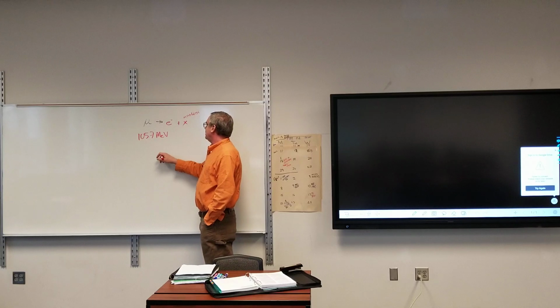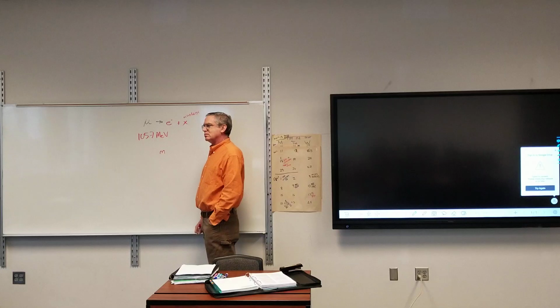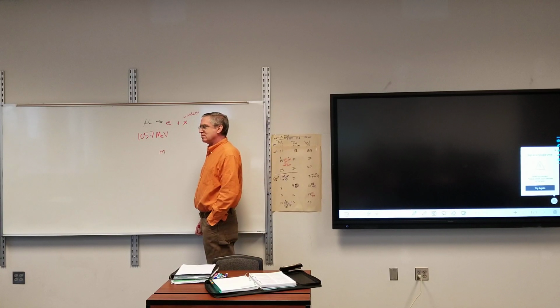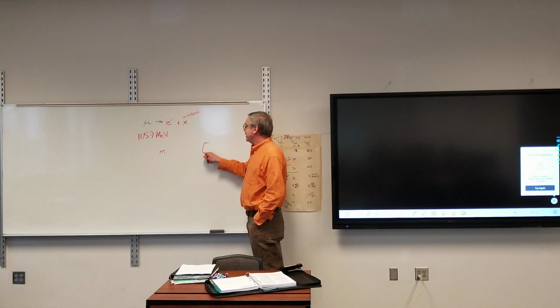Because the explanation that the homework gives is energy is conserved, E initial equals E final, so the energy of the muon equals E of the electron plus E of the massless particle, and then m sub naught mu c squared equals gamma m sub naught e c squared plus 0. Okay. All right, so energy conservation.